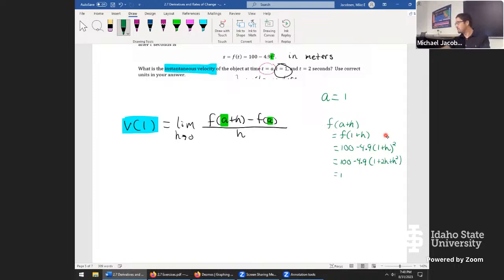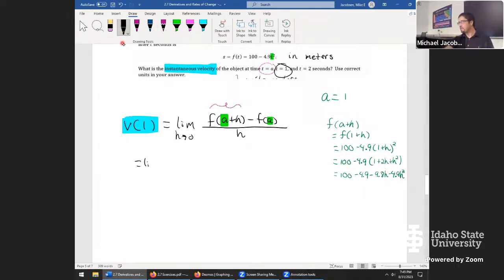The result is 100. I'm distributing in the negative 4.9 at this step to get minus 4.9, then minus 9.8h, minus 4.9h squared. Should have given myself a little bit more space right there. All of that goes into this location. So let's plug it in.